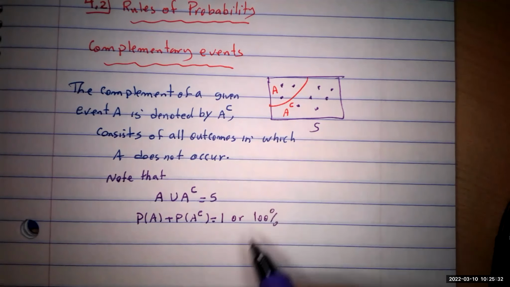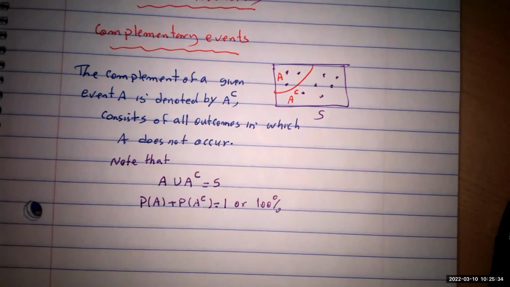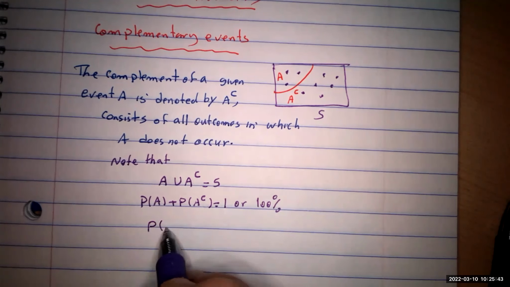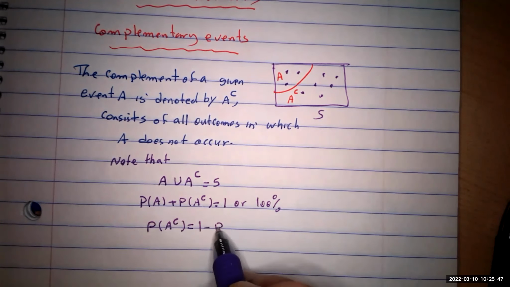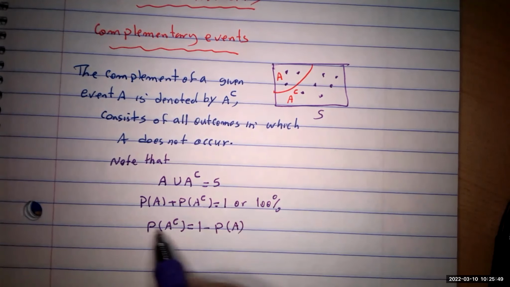Okay, so that gives you the fact that the probability of A plus the probability of AC is equal to 1. So we can find one of them. For example, the probability of A complement is 1 minus the probability of A, or the other way around.